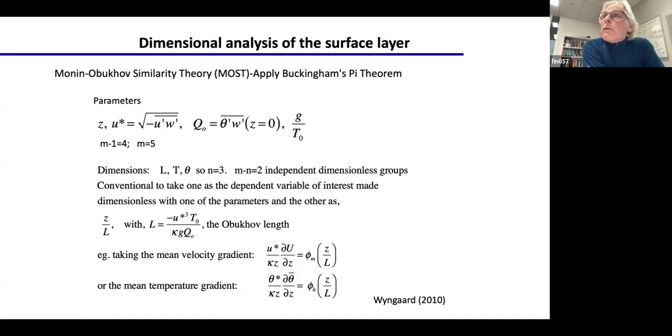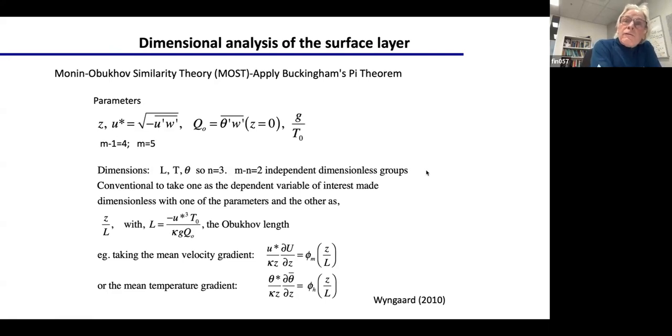Given we've got these several parameters, four parameters really, governing the dependent variables, and we have three dimensions: length, time, and temperature. From that, we can form two independent dimensionless groups.